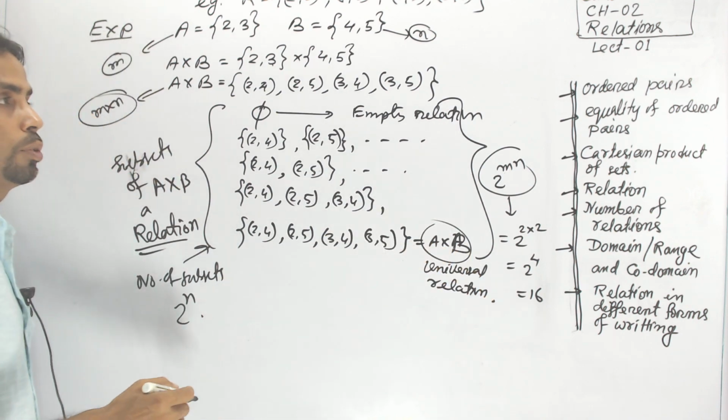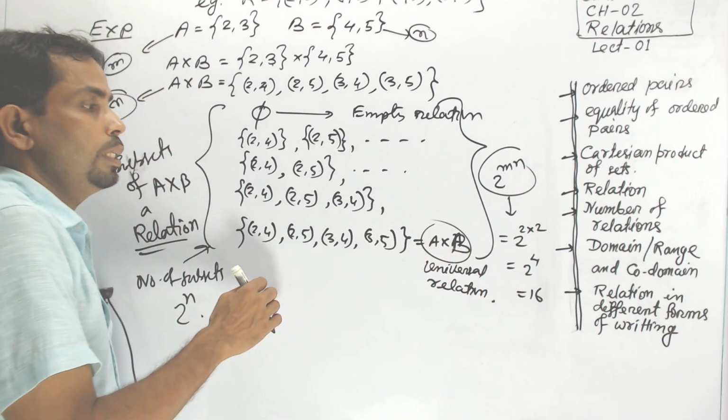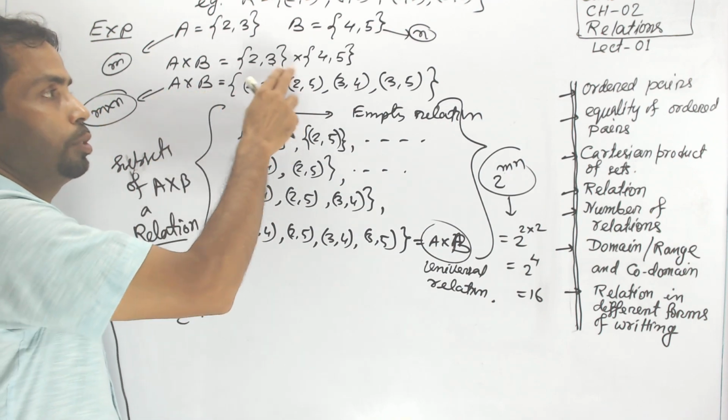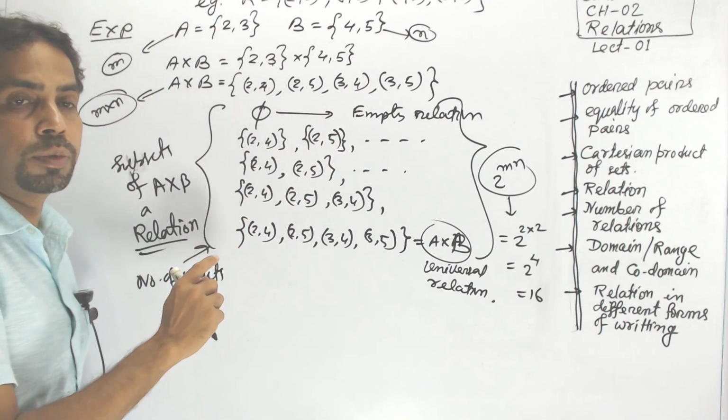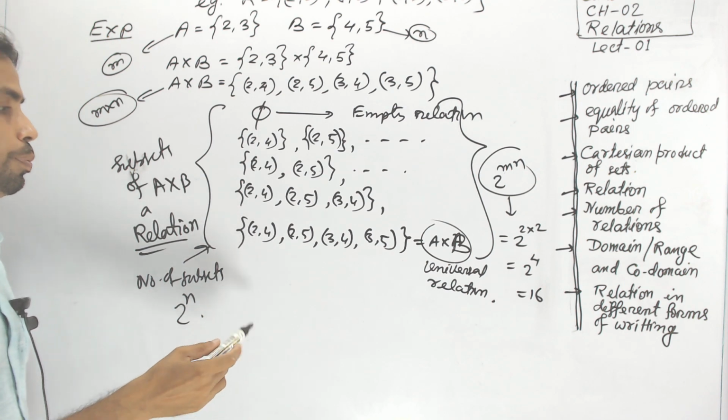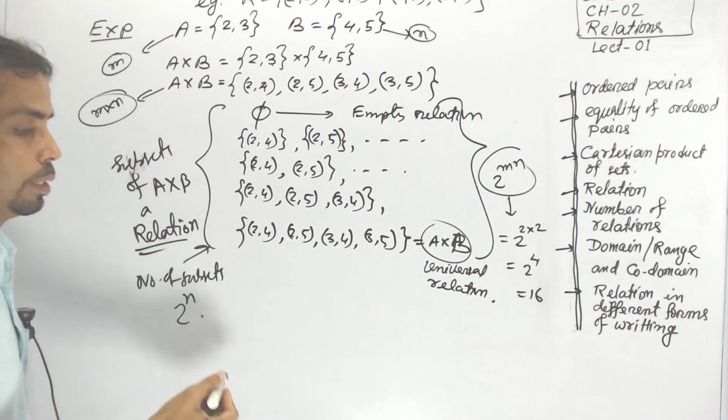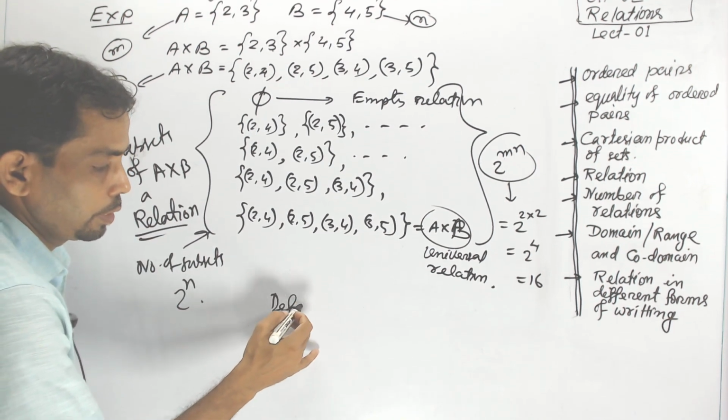So this is about relation on a set. Any subset of A into B is a relation from set A to B. Now I can write the definition of relation like this.